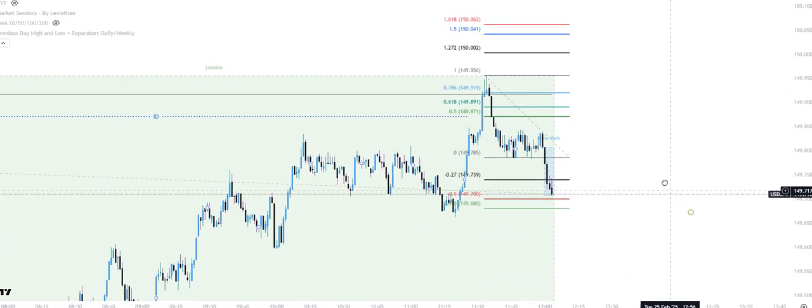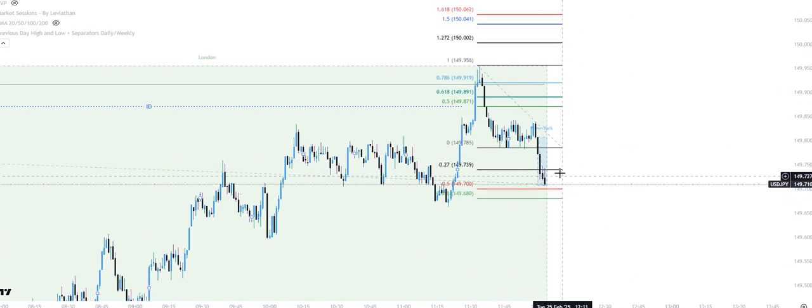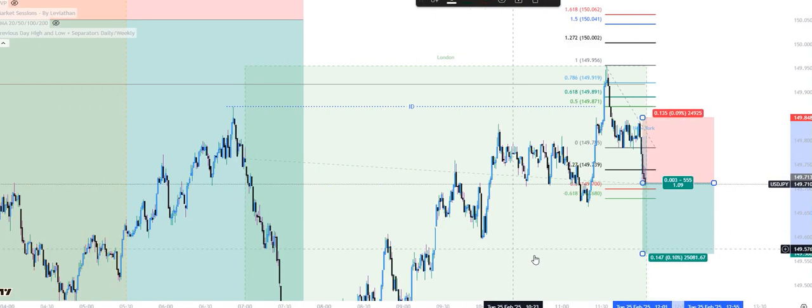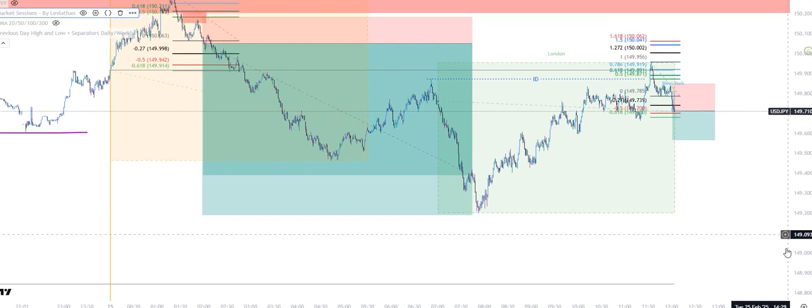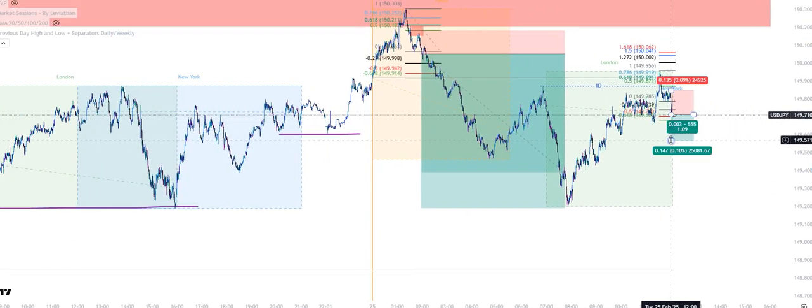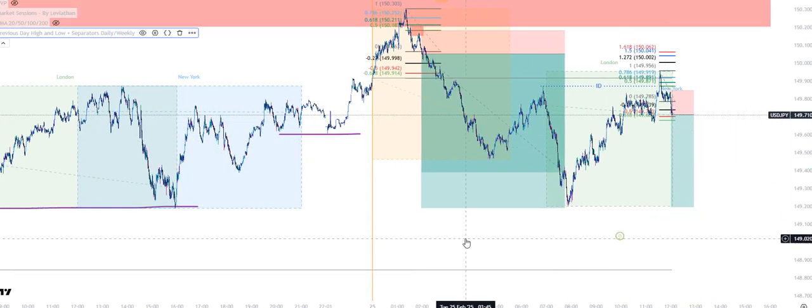Okay, so we are moving on the upside, therefore I can enter short here. Stop loss will be above this. Okay, we're getting some aggressive move, and my TP will still be the same. Yeah, let's take a look.